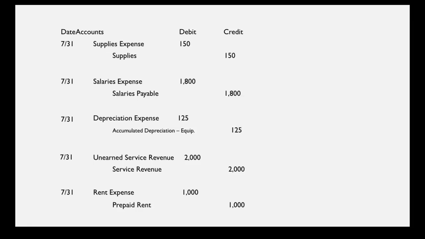You notice a lot of similar words in these adjusting entries. That's going to be the case 95% of the time. So if you know that it needs to be an expense, just rack your brain for an expense that has a similar word to what account you are crediting.